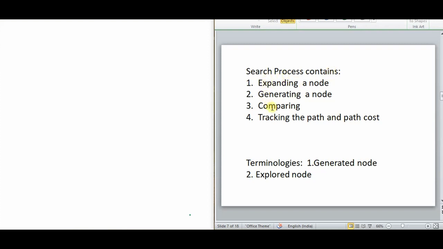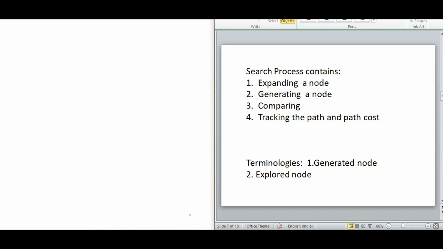Now these are some terminologies that you should know before we actually start and show you the search process. So the search process contains one, expanding a node, generating a node, comparing a node, and tracking the path and path cost. Let's see one by one. What is the meaning of expanding a node?